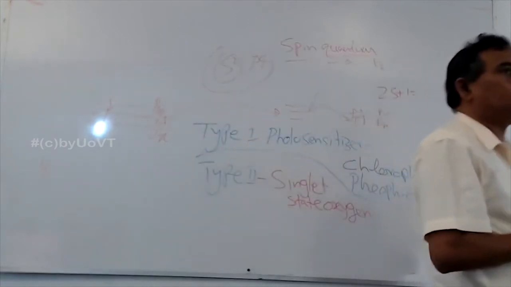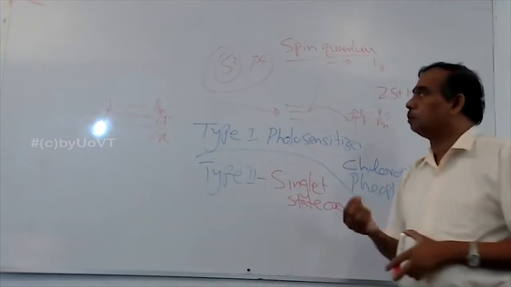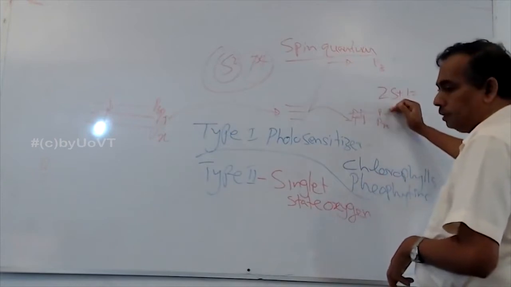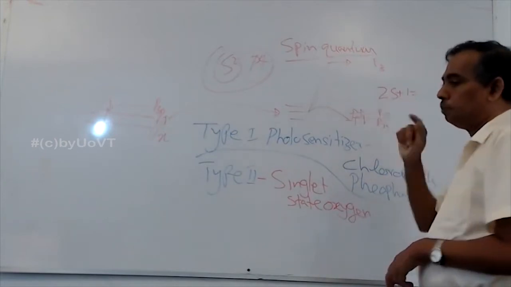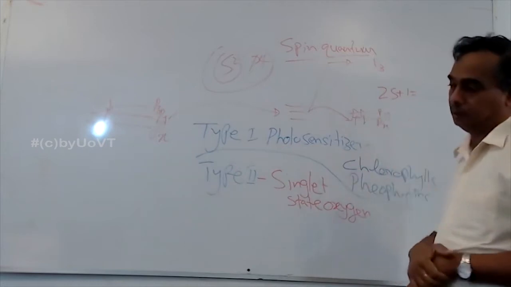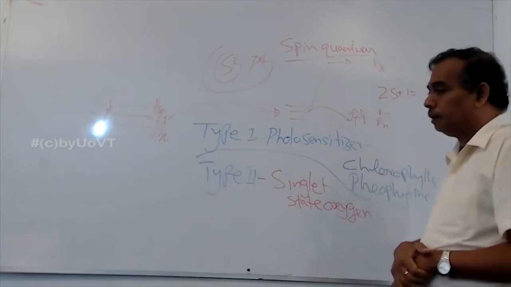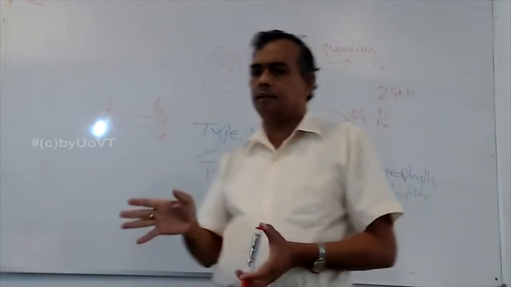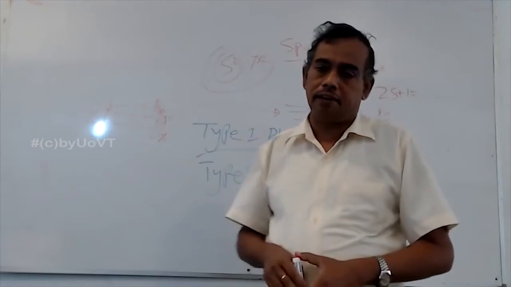We can apply this formula, 2S plus 1, to determine the spin state of the system. You don't need to worry about all these technical terms.